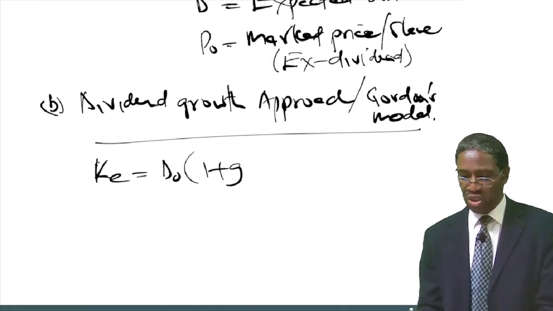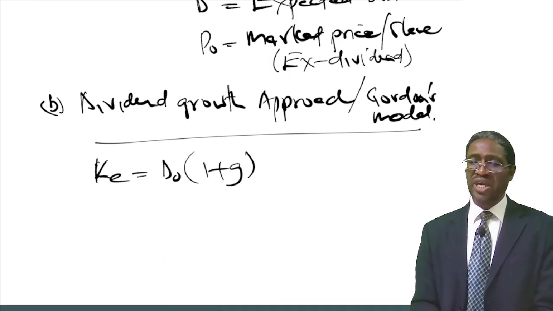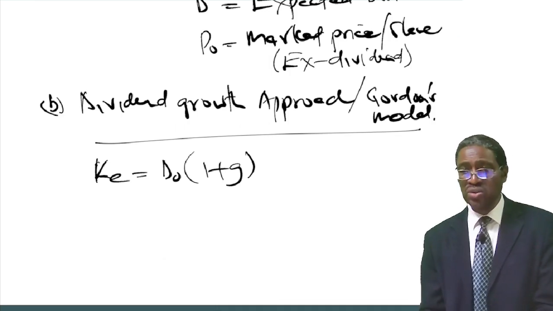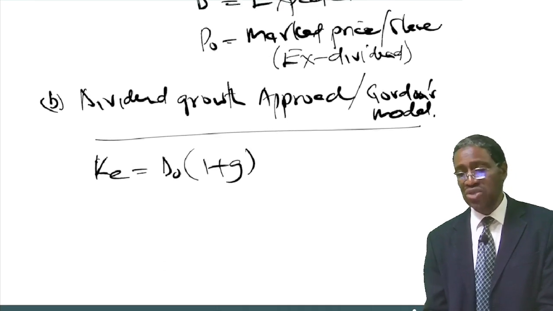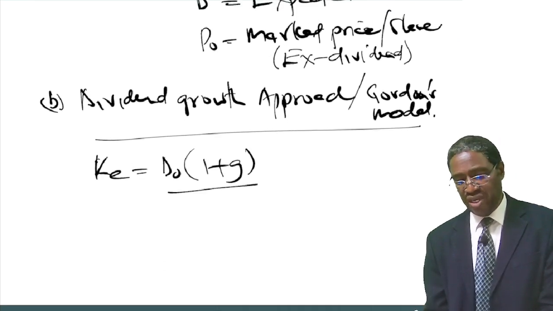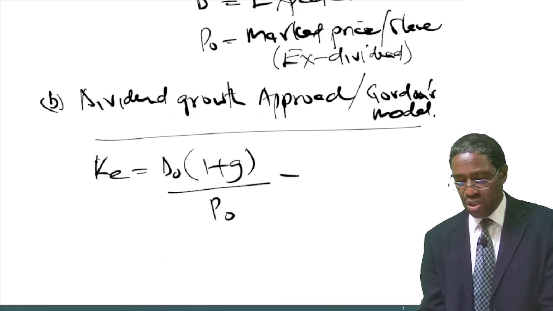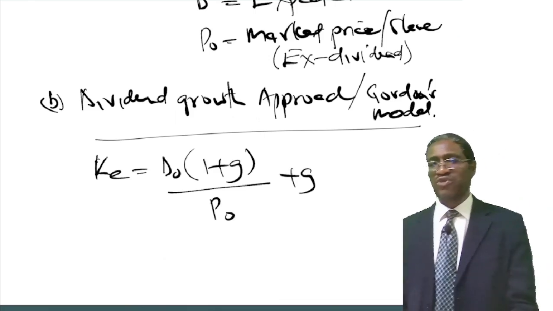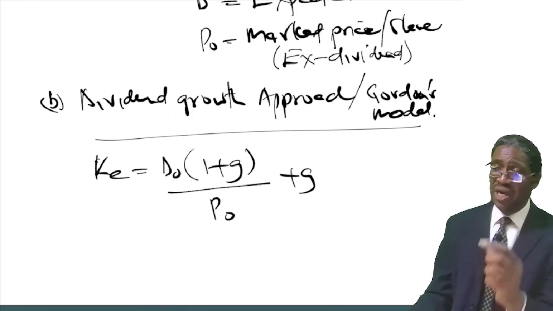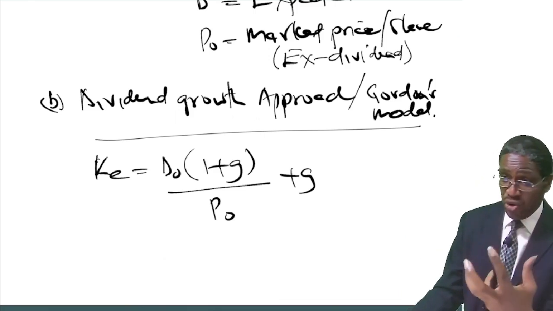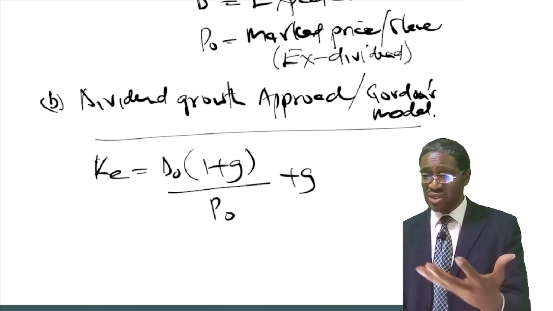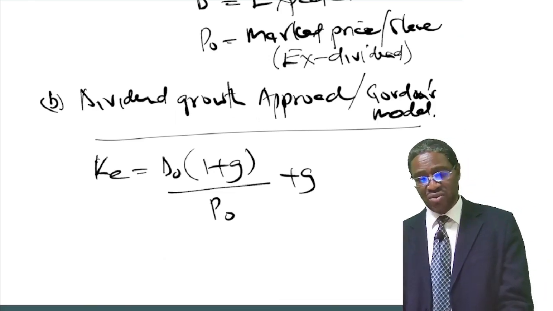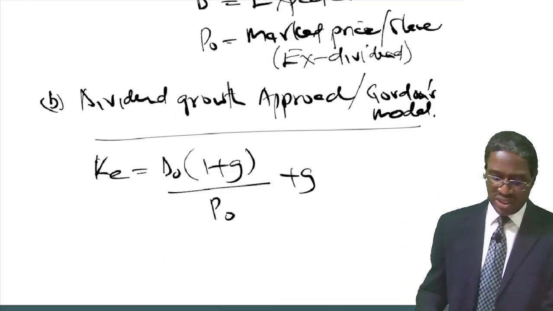Then you can now quote the formula. KE equals D naught into 1 plus G, divided by PO, plus G. I've told you there is a way to derive this formula when you incorporate the growth rate. But for now, we don't need to know how to derive this. You just need to understand it.